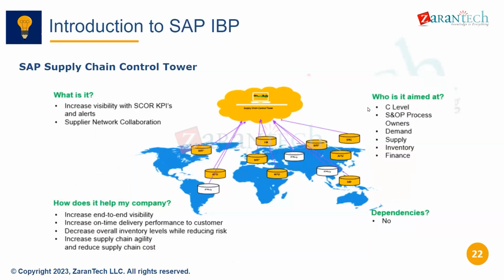So they are sitting in the corporate office, and using the SAP IBP screen, they can get the dashboard which gives them the entire operation as to how the S&OP process is working, how the inventory is working, how the DSO, daily sales outstanding, how the DIO, daily inventory outstanding. So these are the various KPIs they can view on a daily basis, or they can have live information with a single click, and they get the pulse of the organization.